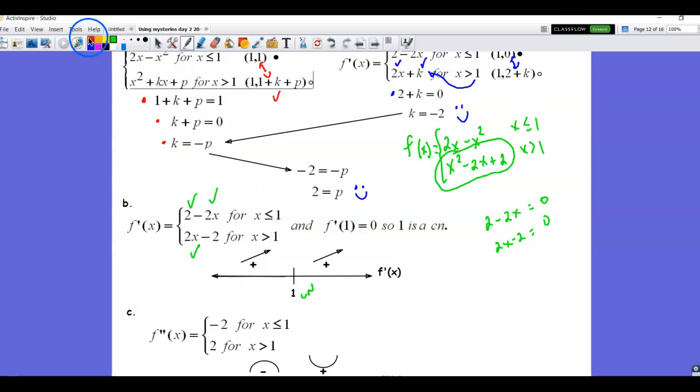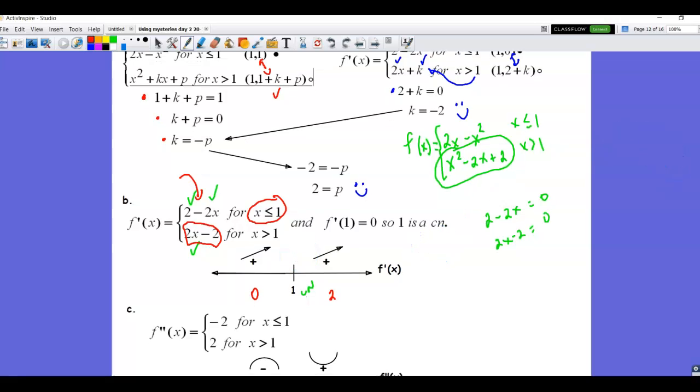When I do a test value on the left of 1, such as testing the value of 0, that 0 goes in here because it is less than 1. When I choose a test value of, for example, 2, it goes into the second piece because 2 is greater than 1. And what I can see is that the function increases everywhere.